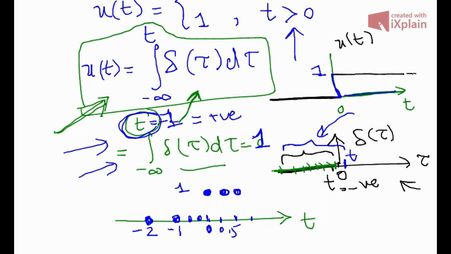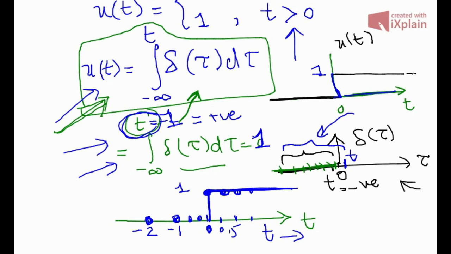If you join all these points, you get u of t, the unit step function.